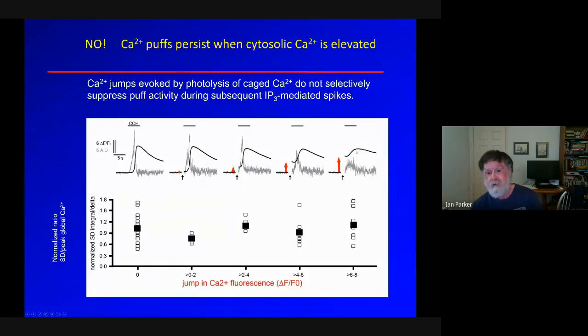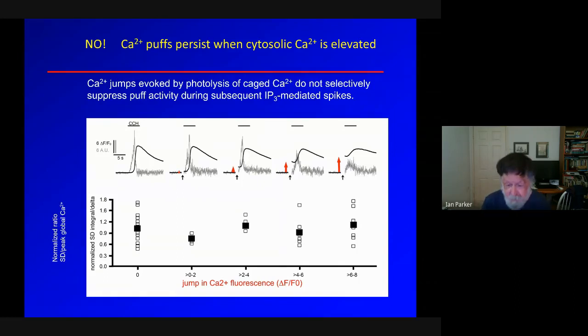There may be some inhibition going on, but if we just plot the ratio of how big is the global signal to how big is the SD signal, which we're doing here, for different amplitudes of the preceding calcium jump, essentially that remains constant. Elevating the calcium level before we photo or evoke an IP3 evoked response is not suppressing the puffs. So we're concluding our puffs are not terminating because of a rising global calcium.